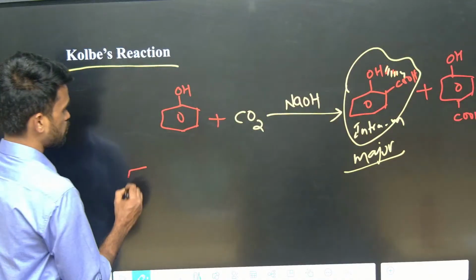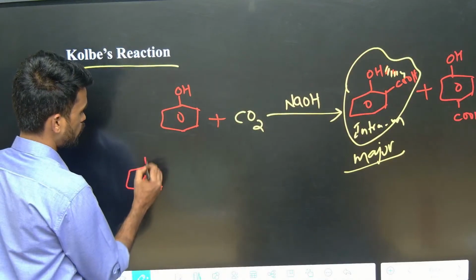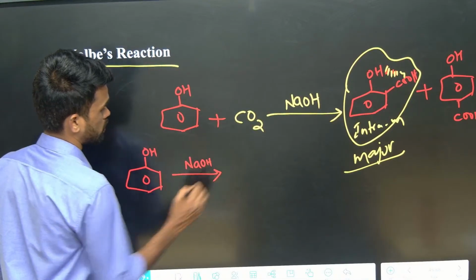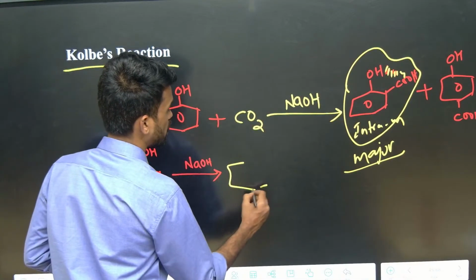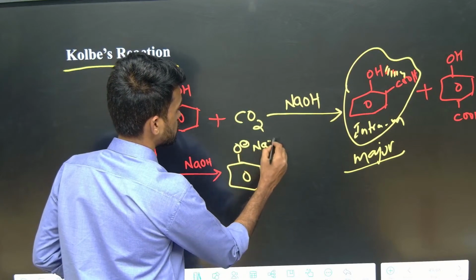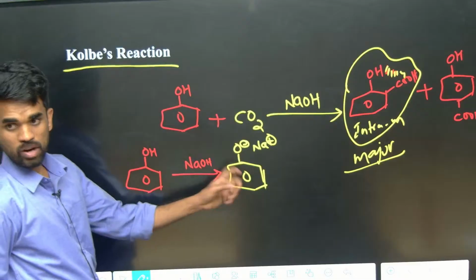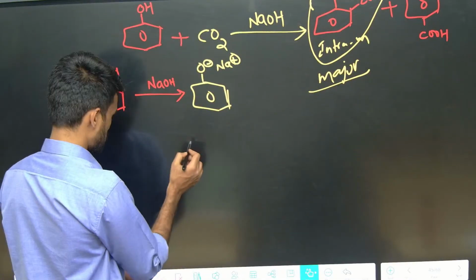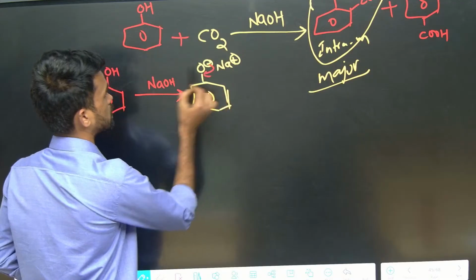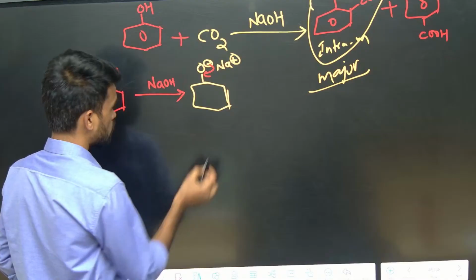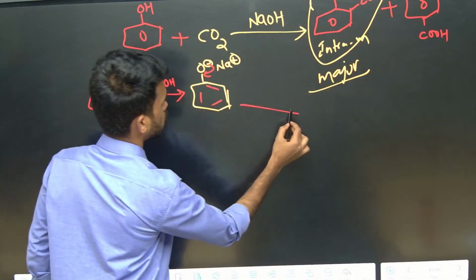Actually what is happening here? See, it's very simple. First of all, phenol gets activated upon treating with sodium hydroxide, because it forms a phenoxide ion, O minus Na plus. It's an acid-base reaction forming phenoxide ion. This phenoxide ion activates the ring, giving pi electrons. Where will those pi electrons go?